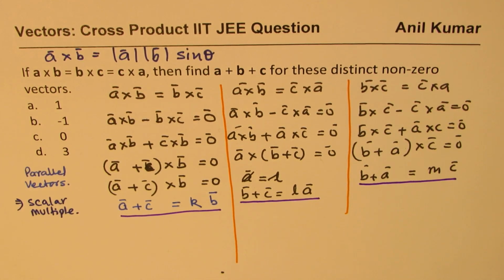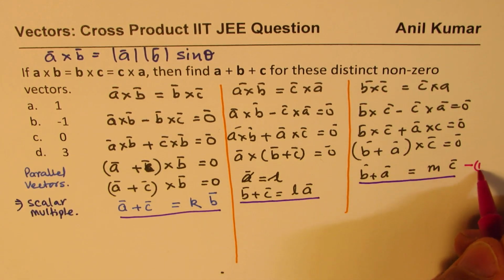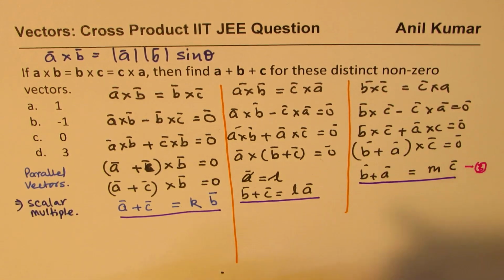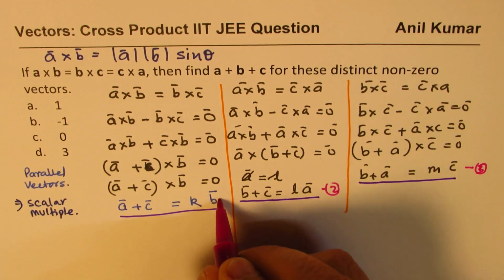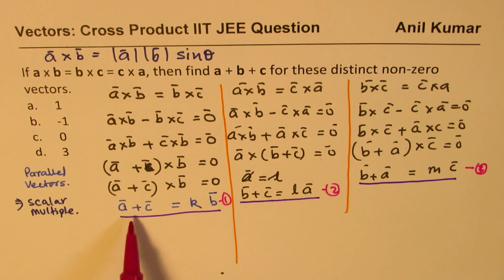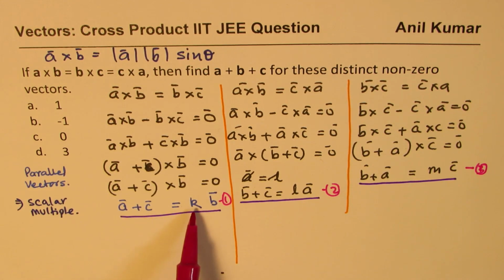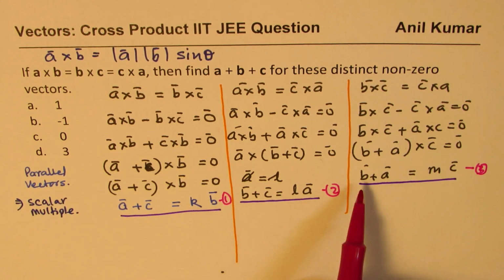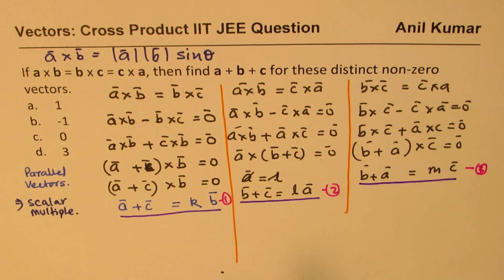Now, we could actually find the value of A from one of these. Let's say this is 2 for us, 1 for us. So if I use these two equations, A plus C equals KB and B plus A equals MC, then we can find a relation between M and K, right? Okay, so let's figure this out.